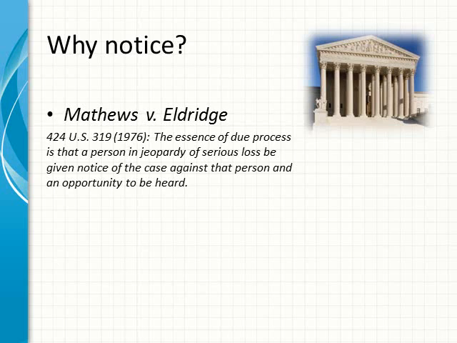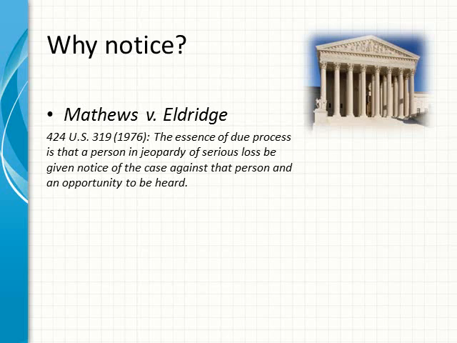Article 1, Section 2 of the Washington Constitution states that the Constitution of the United States is the supreme law of the land. Article 1, Section 3 states that no person shall be deprived of life, liberty, or property without due process of law.